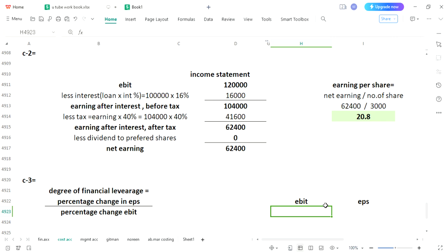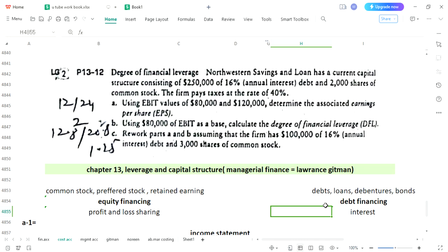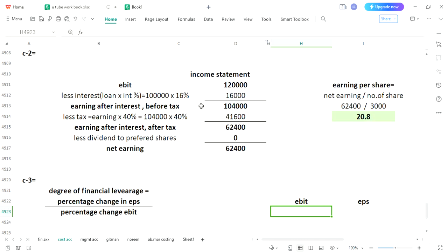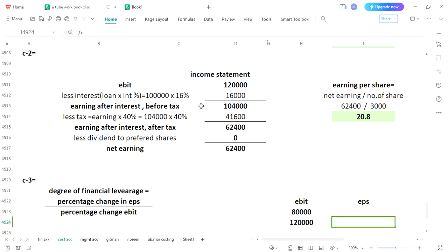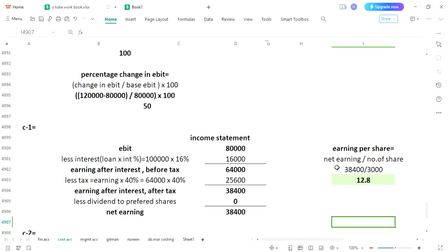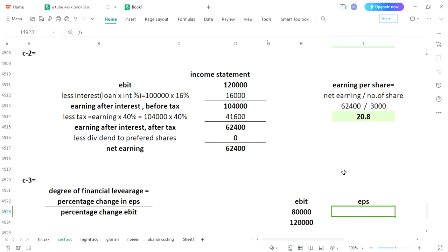Since we are following our question where two EBITs were given, 80,000 and 120,000, the same EBITs would be put over here. Earning per share has recently been calculated. You can see the first is 12.8 and the second EPS was 20.8.